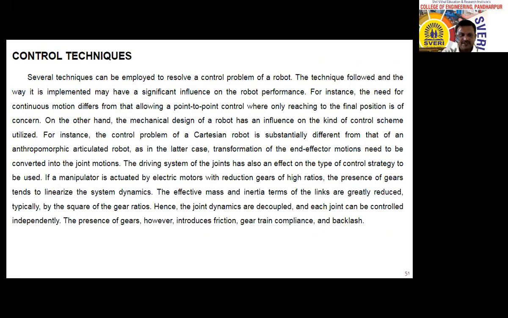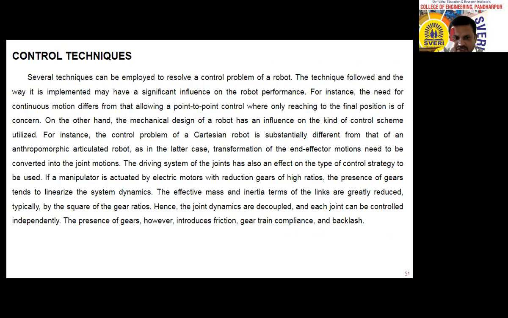Now, control techniques. Several techniques can be employed to resolve a control problem of a robot. The technique followed and the way it is implemented may have a significant influence on the robot performance.